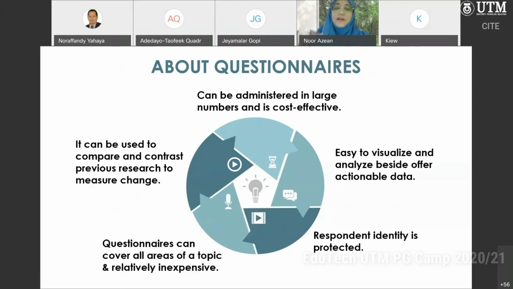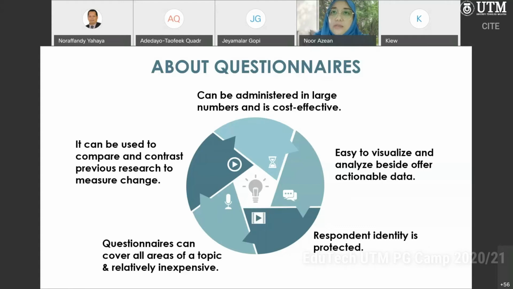So okay, more or less about the questionnaire, I would like to share here. Questionnaires, as usual, are an instrument that can be administered to a large number of people and are cost effective. Now you can use Google Forms or you can just email your respondents, so easy, right? It can be used to compare and contrast, to measure change. So what is your finding and what actually happened previously, right?